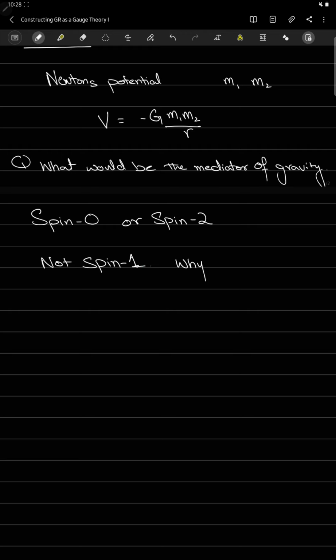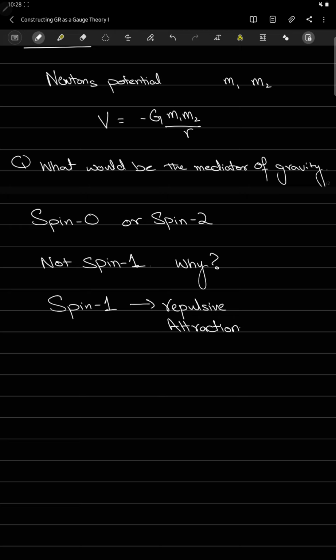Let's see why not spin 1 first. From electrodynamics, we already know that spin 1 particles lead to both repulsive and attractive interactions, right?